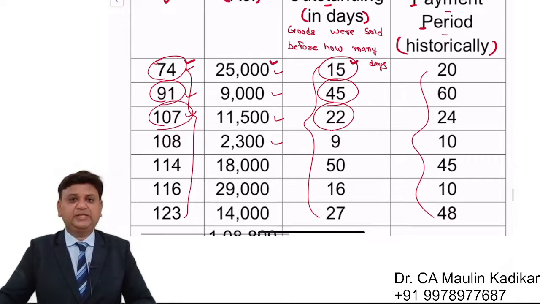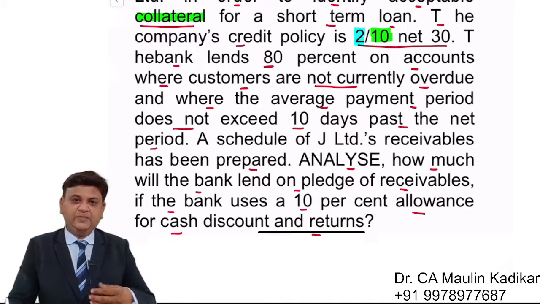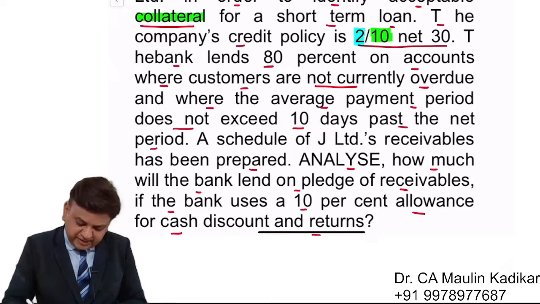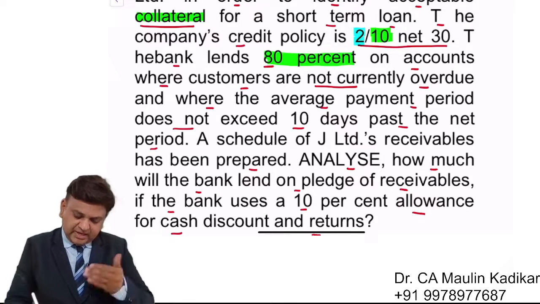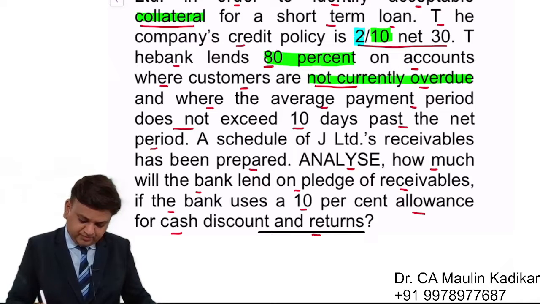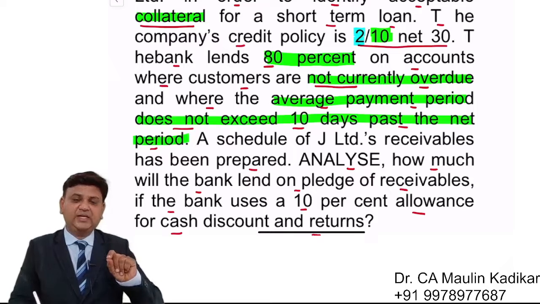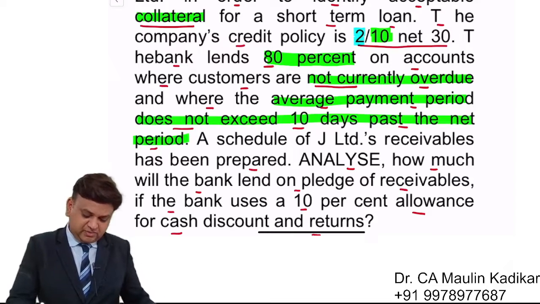Then State Bank of India said something like this. State Bank of India said that we will lend 80% against those customers who are not currently overdue and where average payment period does not exceed 10 days past the net period. We will lend against these customers.